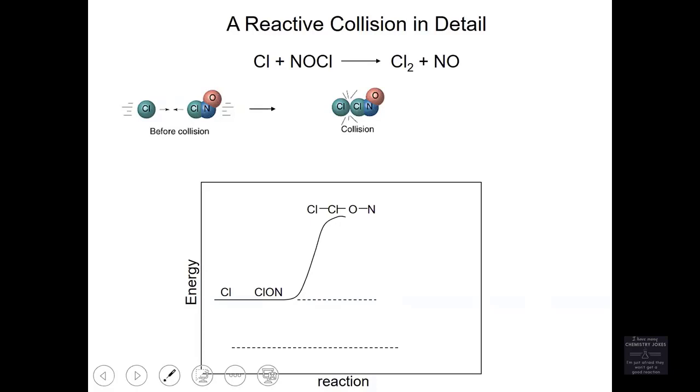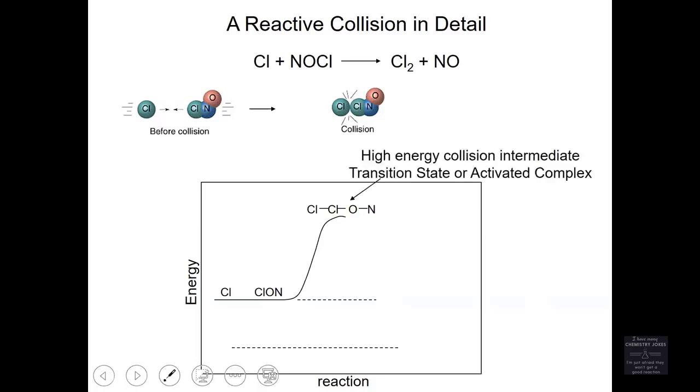The collision creates a very high energy species, a high energy complex called an activated complex frequently, but we will refer to the top of that hill as the transition state. So at the exact instant when those molecules collide, we create a very temporary high energy state called an activated complex, a transition state.